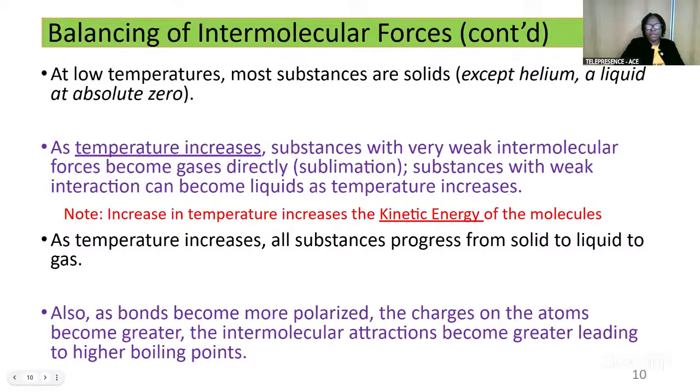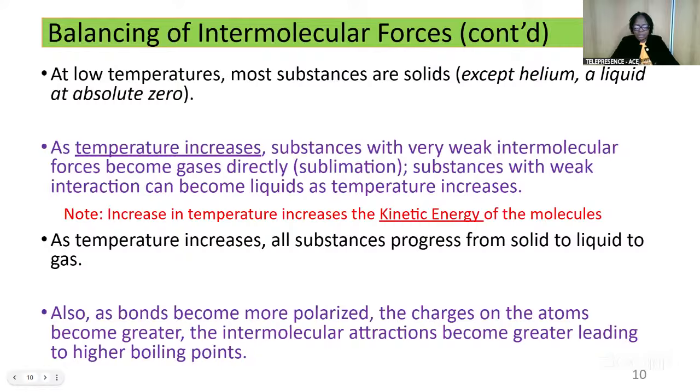Then, as temperature increases, substances with very weak intermolecular forces become gases directly. That is also very important for you to know. So it is possible for a substance, as you supply kinetic energy in form of heat or increase in temperature, the substance can go from solid to gas, like you have in the case of ammonium chloride.